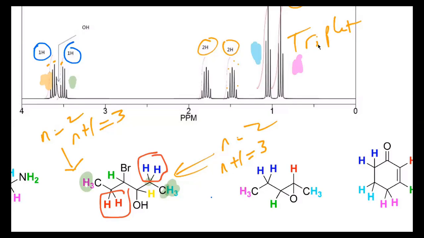All right. So now, which one do you think is which? And tell me why it's a pentet. I need one person to tell me why it's a pentet, and one person to tell me which one is the furthest downfield. It's a pentet because they both have 4 neighbors. So the four neighbors are here, right?